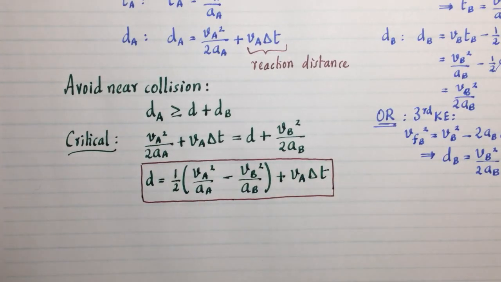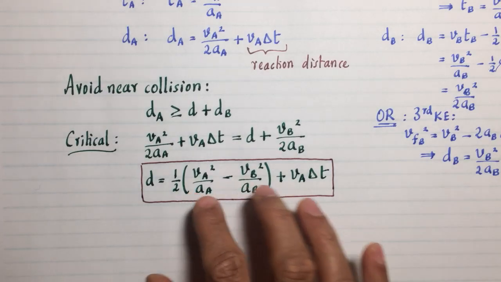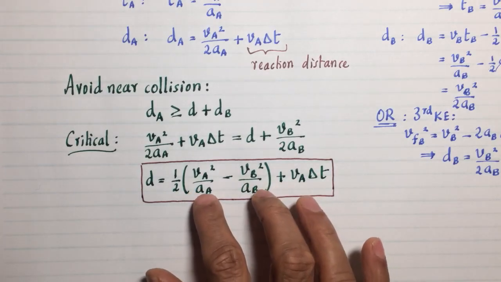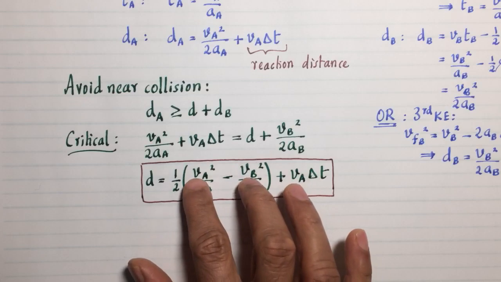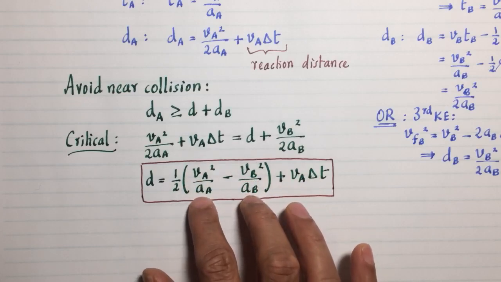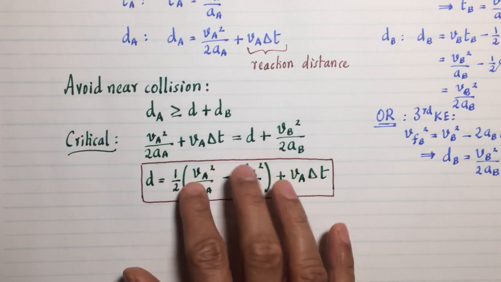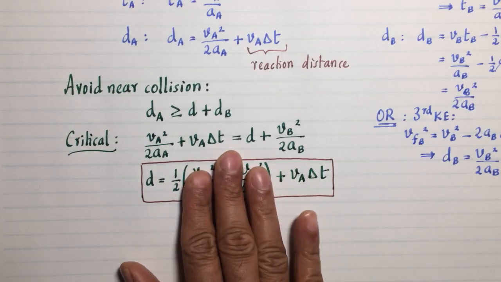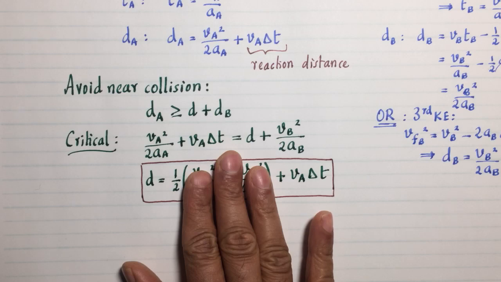This is a very important expression because it tells us many things. For example, it tells us that if both the cars are identical in every way, they're both traveling at the same speed, and they both have the same stopping acceleration magnitudes, then this quantity is going to be 0. And so the entire distance between the two cars only needs to be the reaction distance.